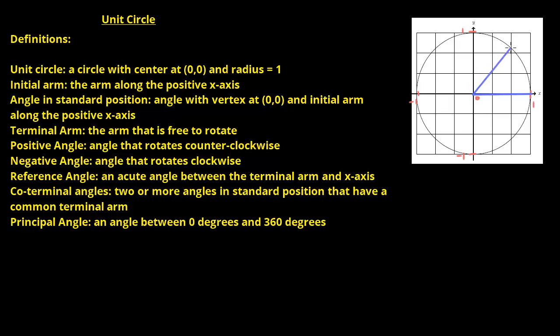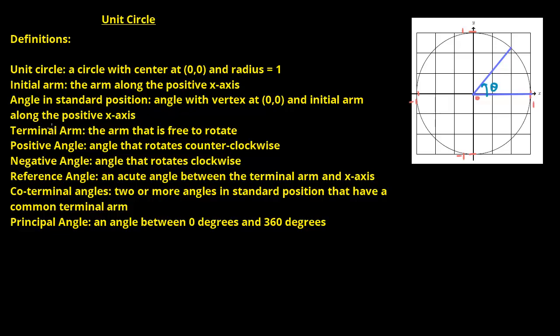If I draw an angle here, the vertex is at the origin, at 0, 0, and its initial arm is along the positive x-axis. Technically, this angle that I've just drawn right here, let's call this angle theta. This angle theta is an angle that's drawn in standard position.